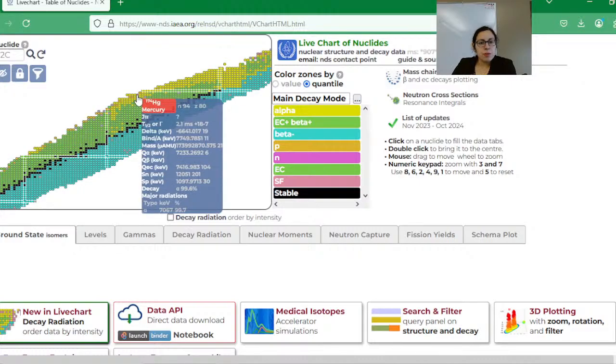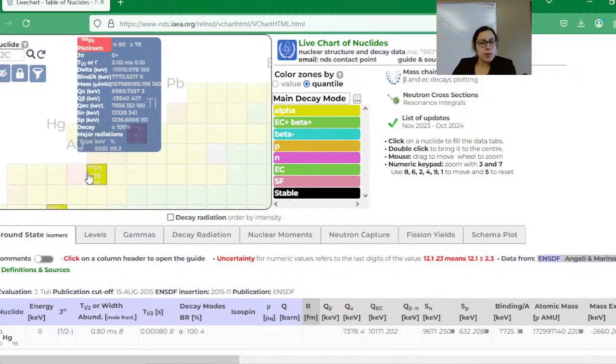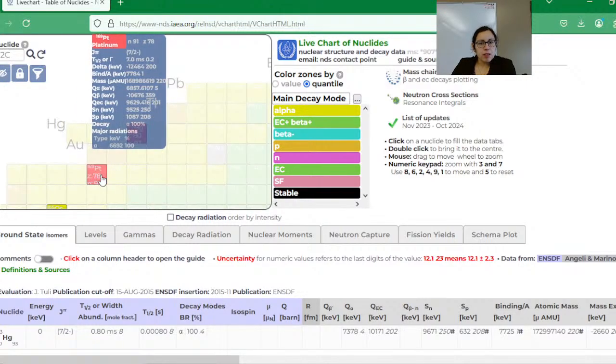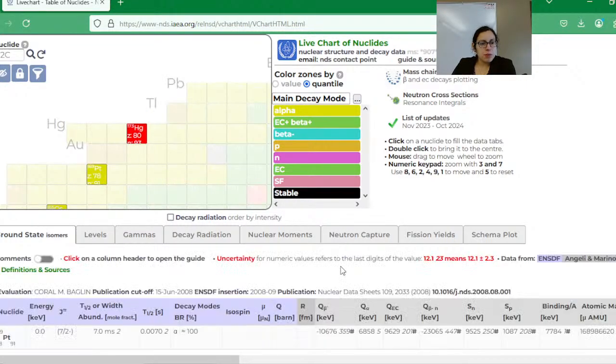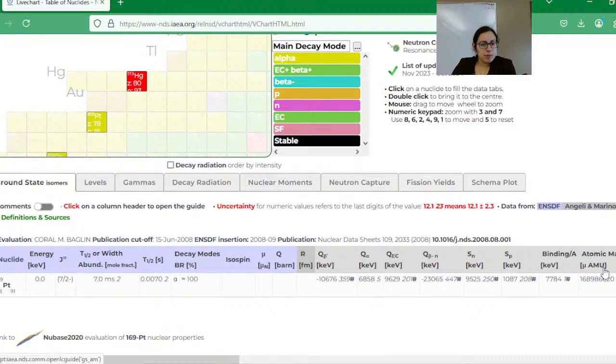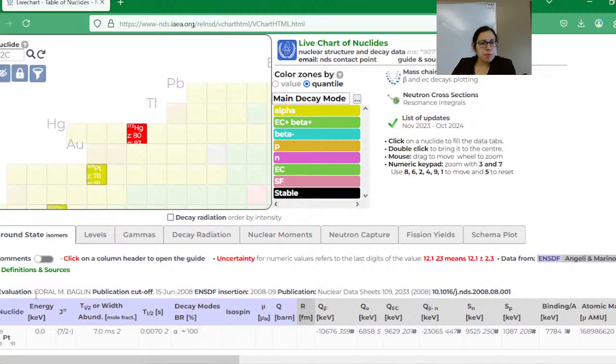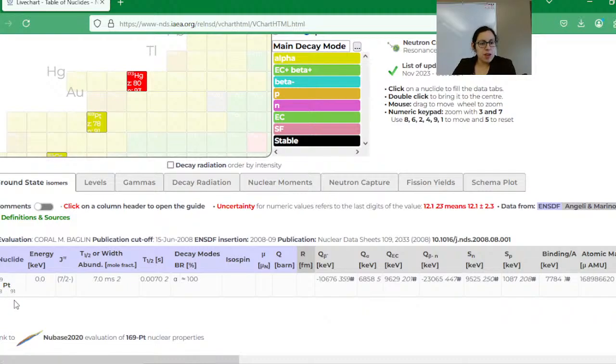I was trying to find one that was an alpha, just like these yellow ones. And it mentions that this platinum one undergoes alpha decay. So again, you can just see all the possibilities.